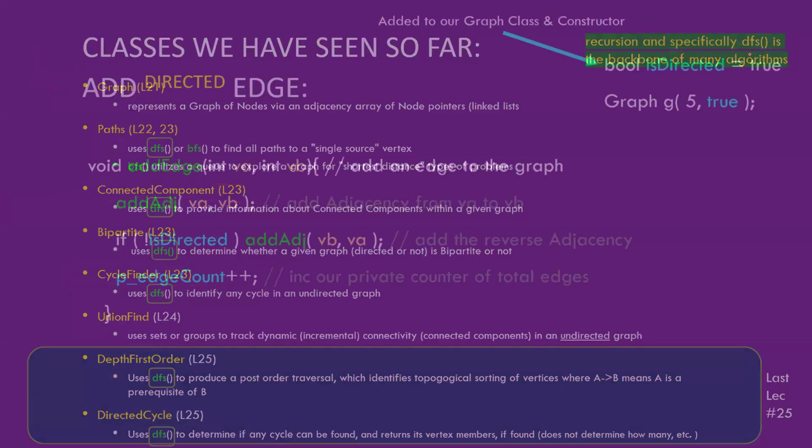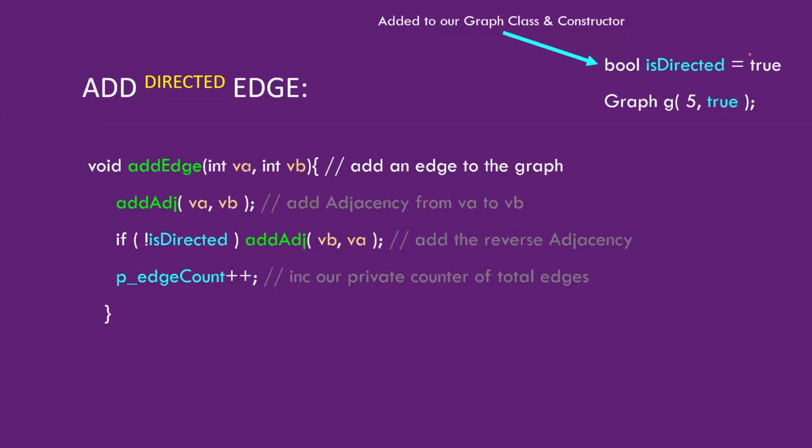Okay. So we said last time all we did was a minor change to our graph. We added this little Boolean thing that said is directed, yes or no. And only if it's not directed do we add the extra adjacency. So if it's not directed, we need an adjacency in both directions. Otherwise, we just go from VA to VB.